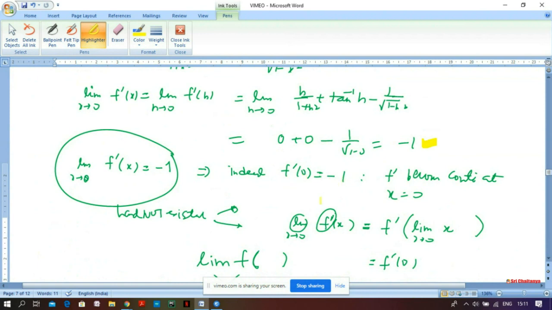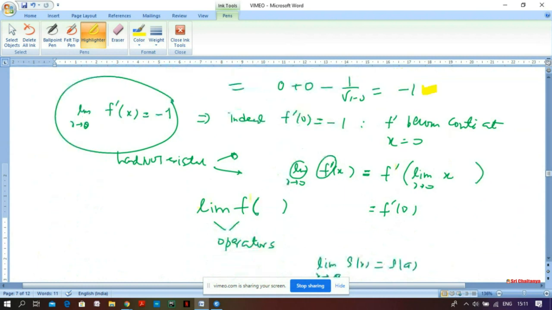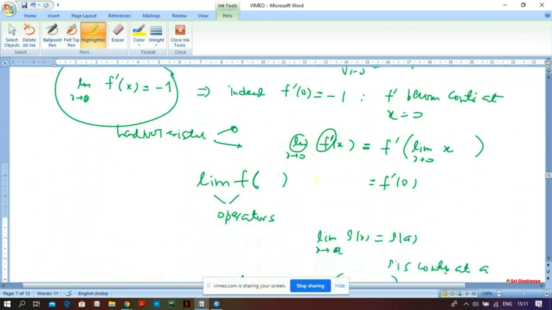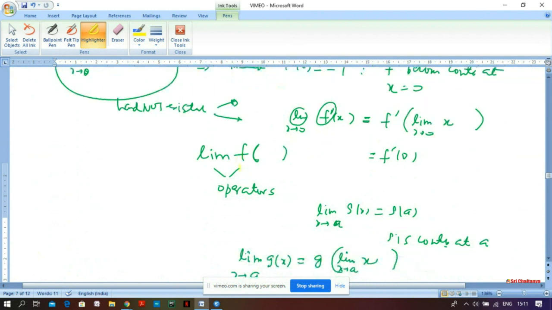The upshot, or the takeaway, is that f prime becomes continuous at x equal to 0 if this kind of thing happens. It does not happen always; we have seen examples. It is not surprising, because for a continuous function, the operation of limit and the operation of composing with f can interchange, they can commute.